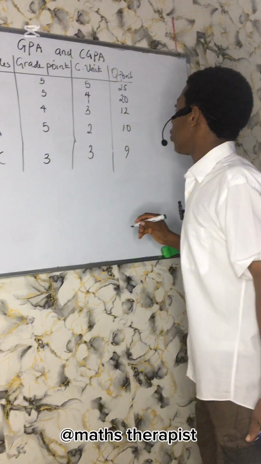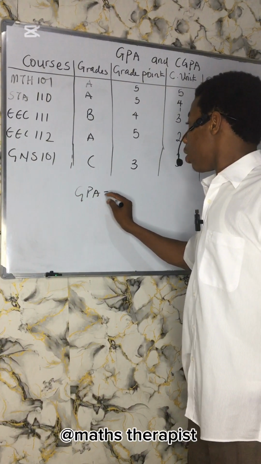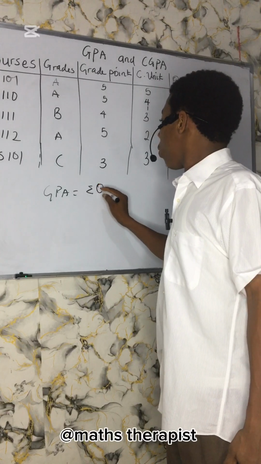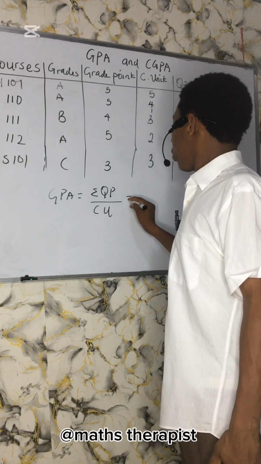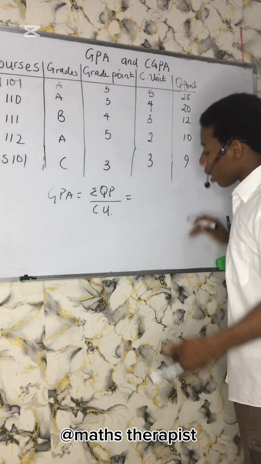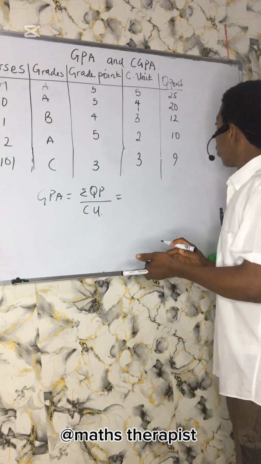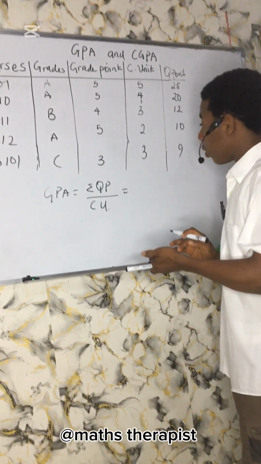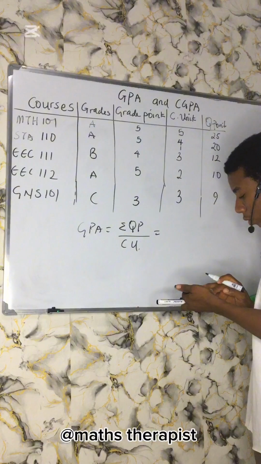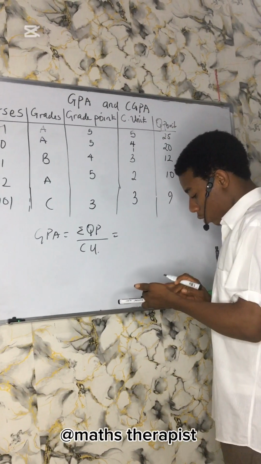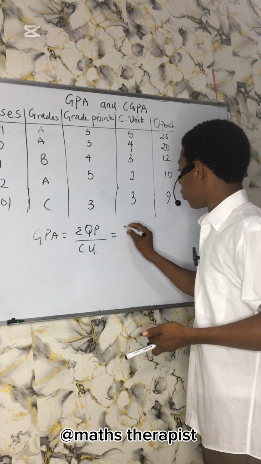Now, how do we calculate it? GPA is the summation of quality points over the summation of credit units. Let's calculate: 25 plus 20 plus 12 plus 10 plus 9 is 76.